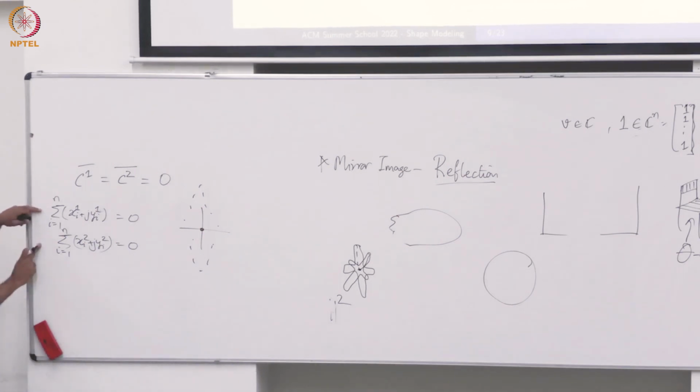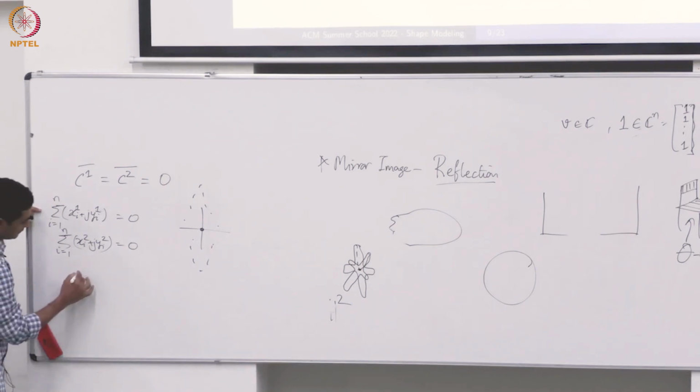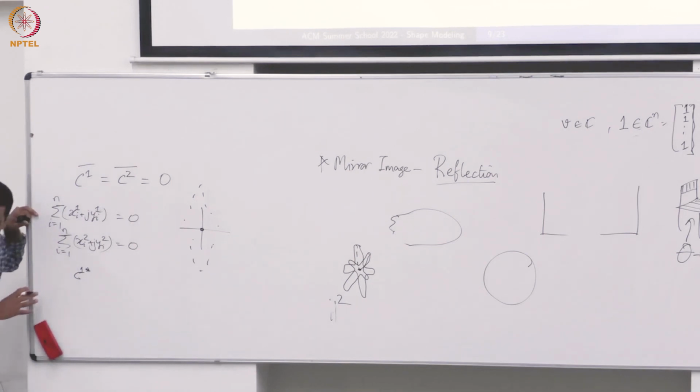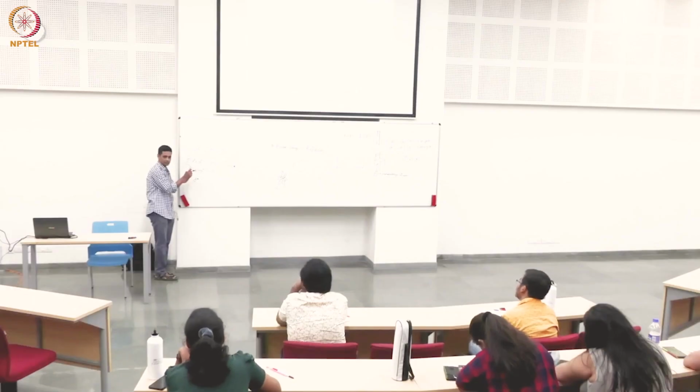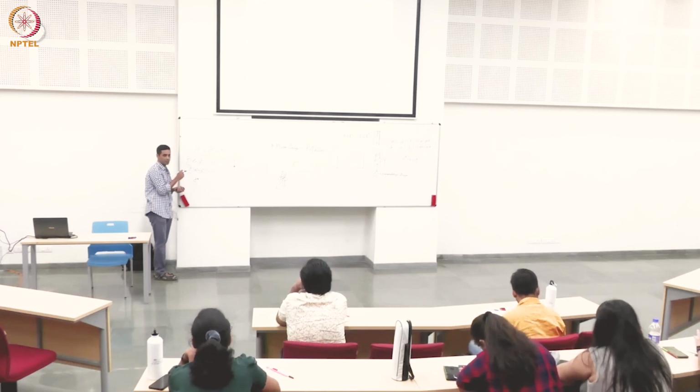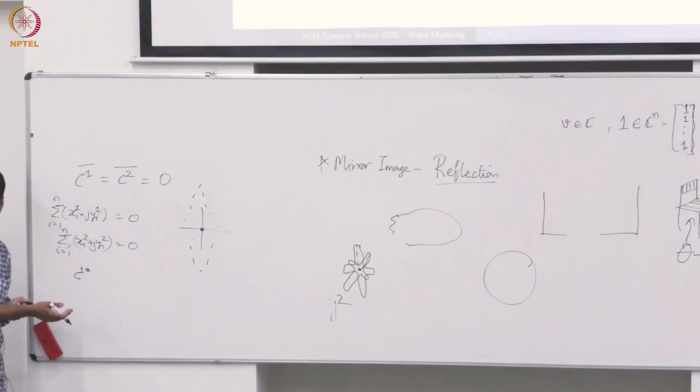There is a shorter way to write this, which is C1 star 1, where star denotes the conjugate transpose, not just the complex conjugate. So this is a vector in Cn, represented as a column vector. C1 star will be a row vector whose entries are complex conjugates of the entries in C1.